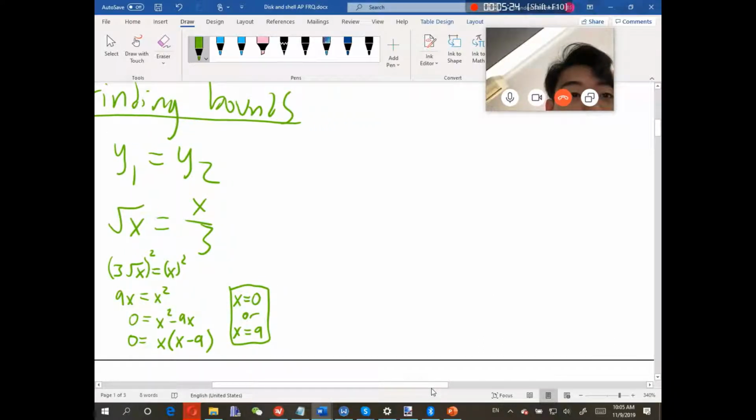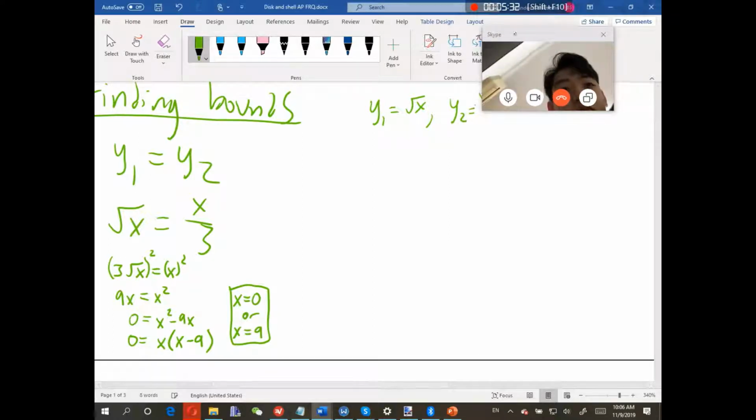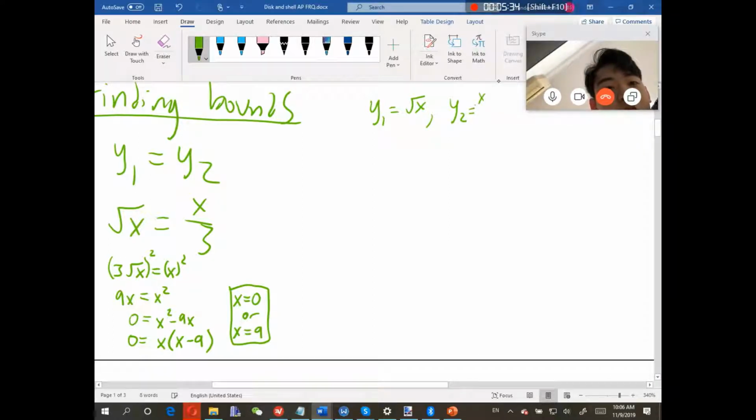So y1 was the square root of x, and y2 was x over 3. Between x equals 0 and x equals 9, how could I figure out which graph is on top? Okay, so what number do you want to pick?